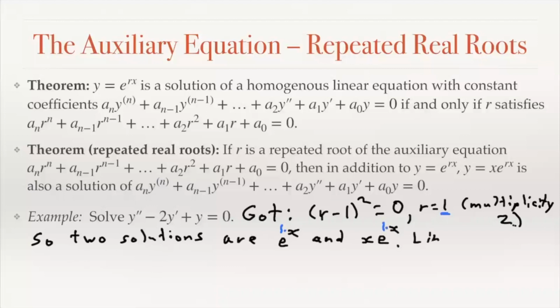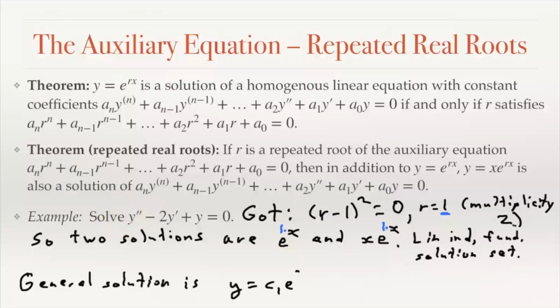Those two are linearly independent and thus form a fundamental solution set. Now we have our two linearly independent solutions for a second order differential equation. So that's all of them, in the sense that our general solution is c1 e to the x plus c2 x e to the x.